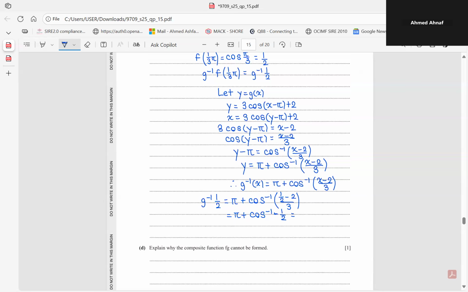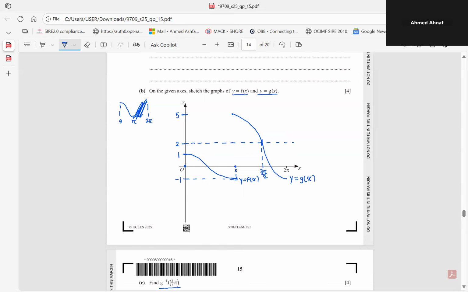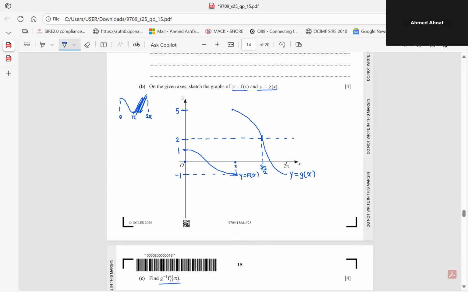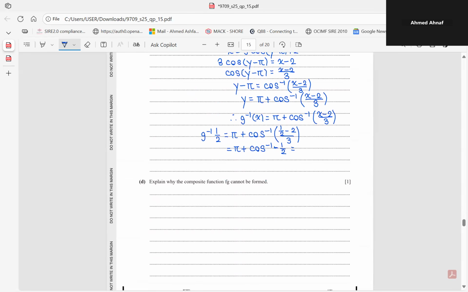So for this, our answer has to be within the range of g inverse x. And the range of g inverse x is the domain of g(x). So it has to be between pi and 2 pi. So make sure you follow that criteria.